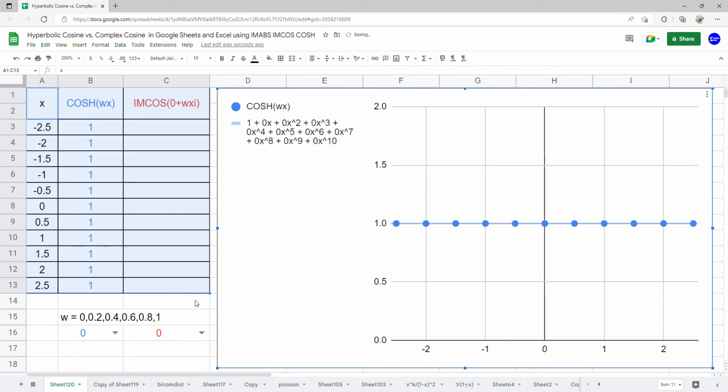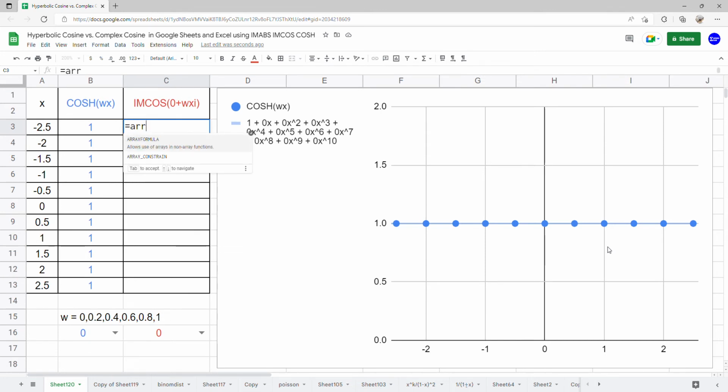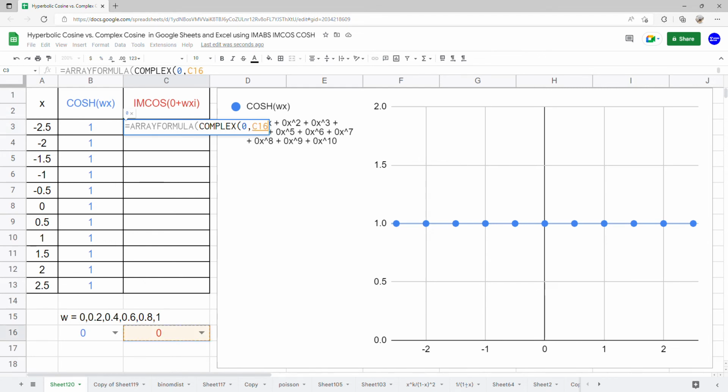And we continue with the complex cosine, which is an array formula, cosine or IMCOS. Begin with the complex number. 0 plus wxi, so 0, comma, that is for the i, w times x.